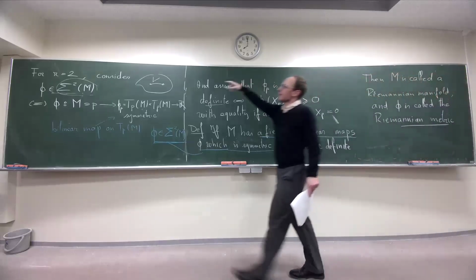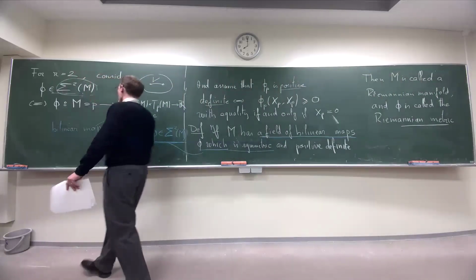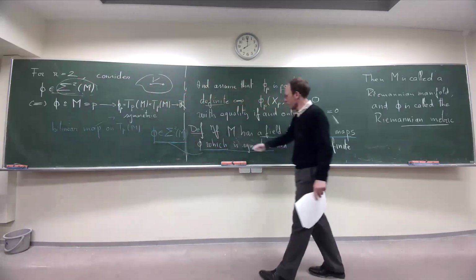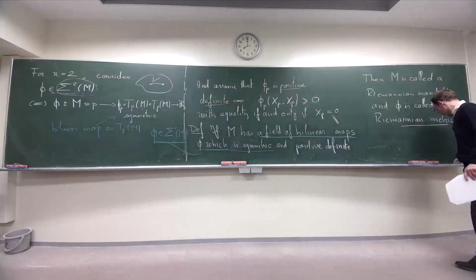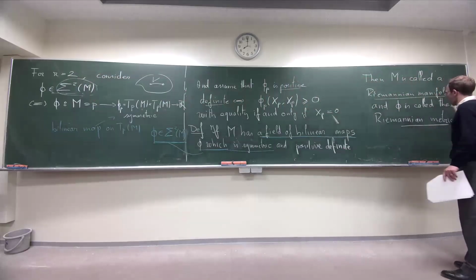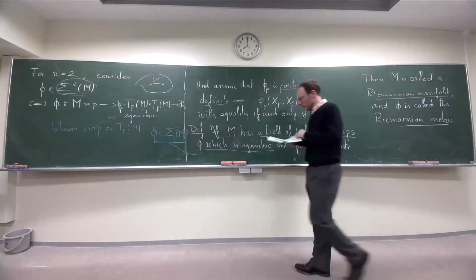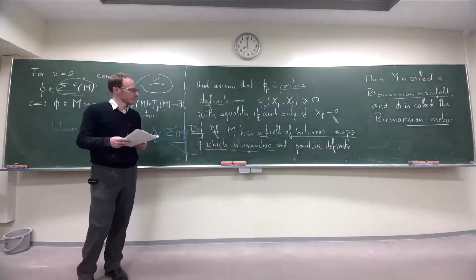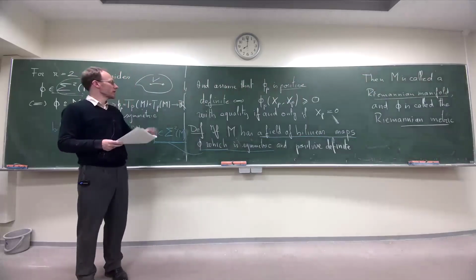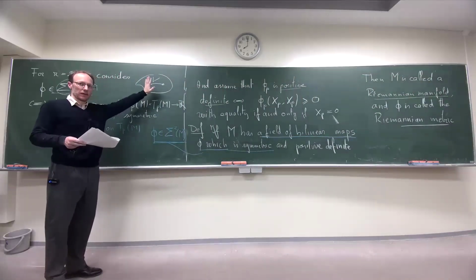But the symmetric ones, and in particular the ones belonging to sigma 2, are also important because if they are positive definite, they define what is called a Riemannian manifold. So next week, we will continue with this and then start integrating on a manifold, because the next step is how to define an integration on this object.